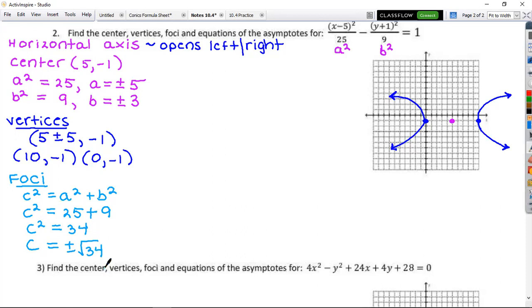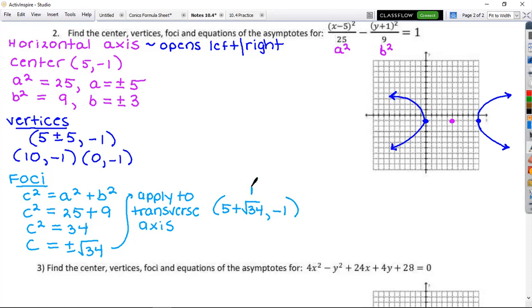And again, what you're going to do is take those values and add them to your transverse axis, which in this case was x. Okay, so we are located here. I'm going to take the center, which was 5. So I'm going to go 5 plus the square root of 34, comma, -1.